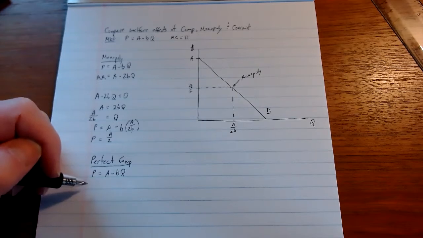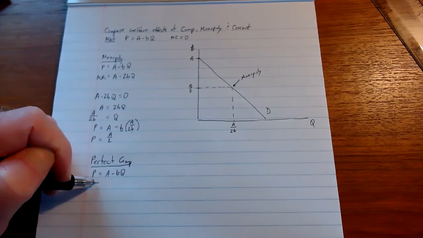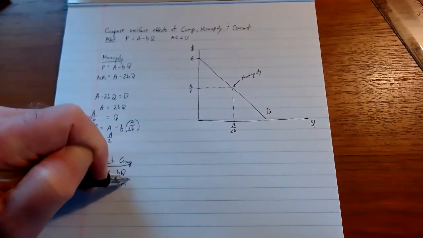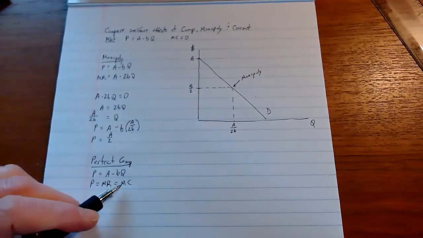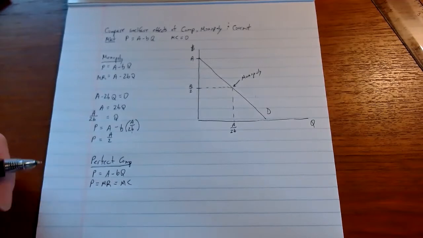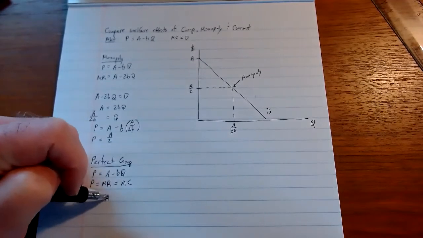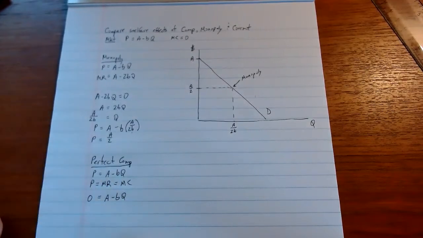And so, well, price is going to be equal to marginal revenue, which is equal to marginal cost. So we can just set the price equal to marginal cost. So 0 equals A minus BQ.